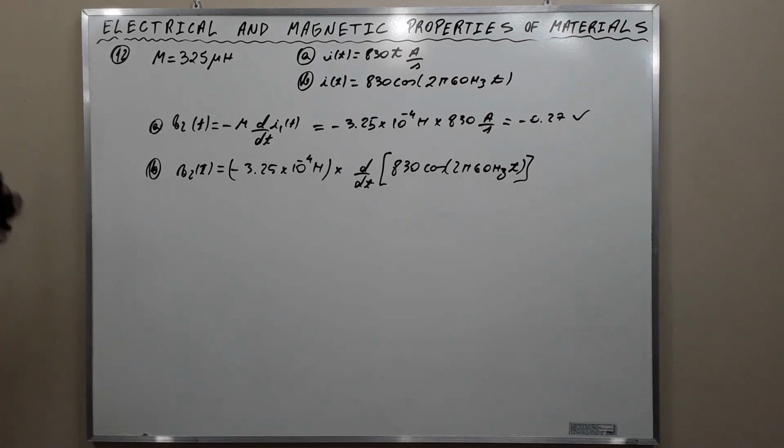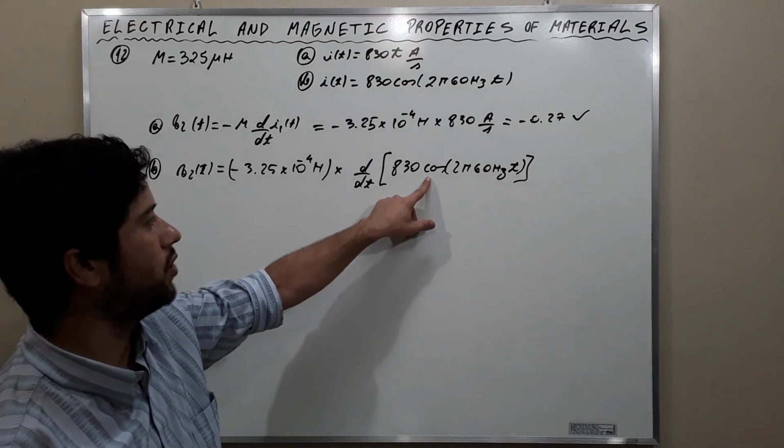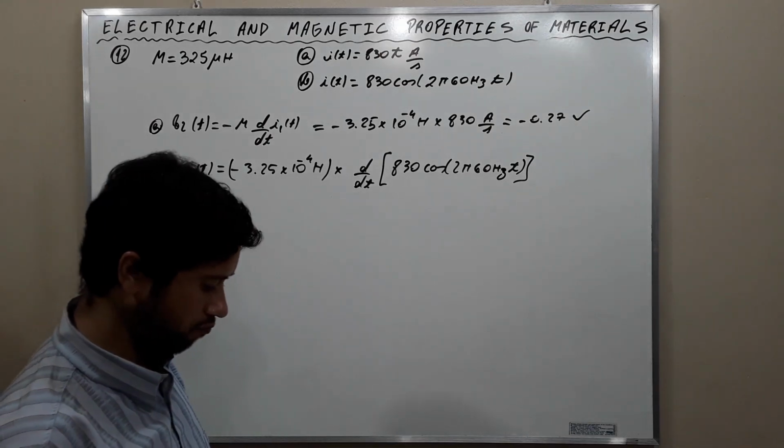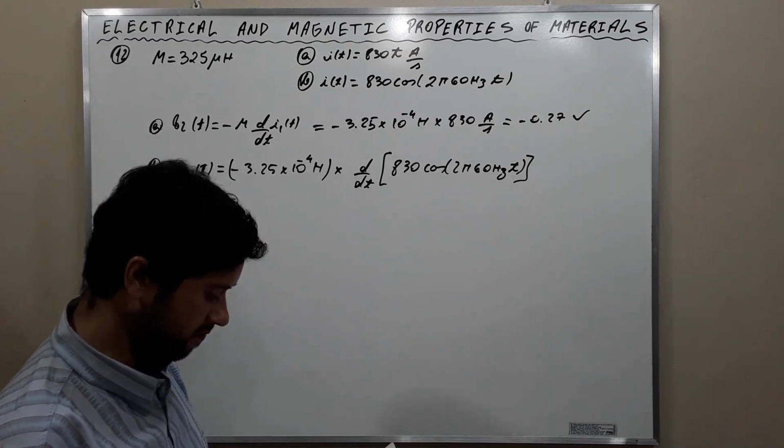If we take the derivative, okay, observe that the derivative of the cosine is negative sine. Alright?